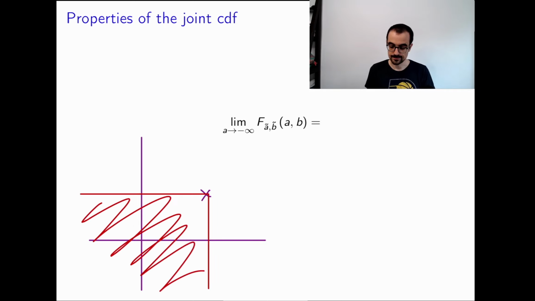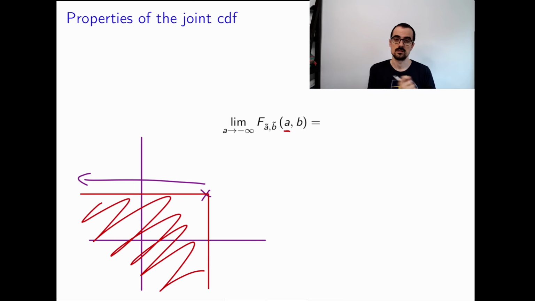So now what happens if we take one of the coordinates and we move it to minus infinity? This is the same as what happened in the univariate CDF when we considered what happens when we take the argument to minus infinity.